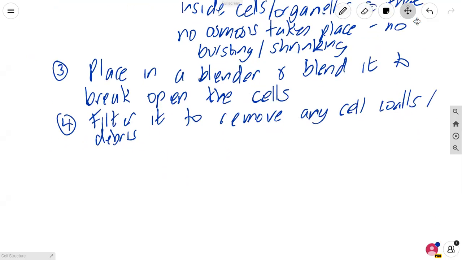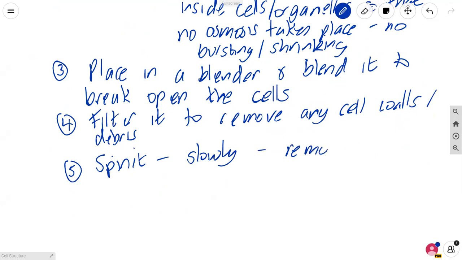And then very simply, we're going to spin it. It's first going to spin slowly, and that will remove the nucleus. And it becomes a pellet at the bottom.